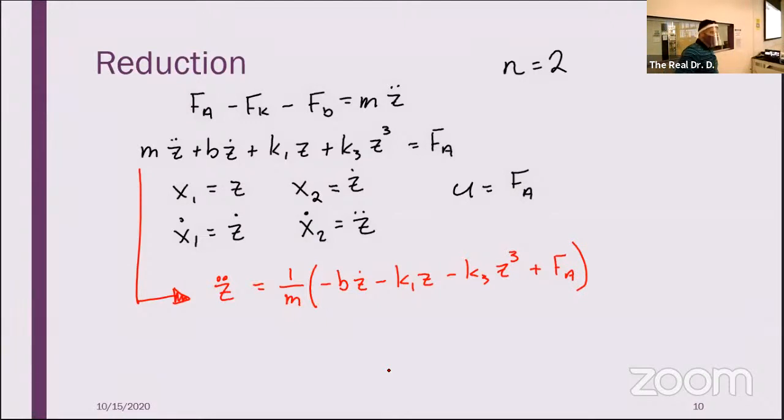Why is it important to do that? Well, remember, x dot 2 is equal to z double dot, and I need an equation that has x dot 2 equal to a bunch of stuff that is in terms of my state variables and my inputs.